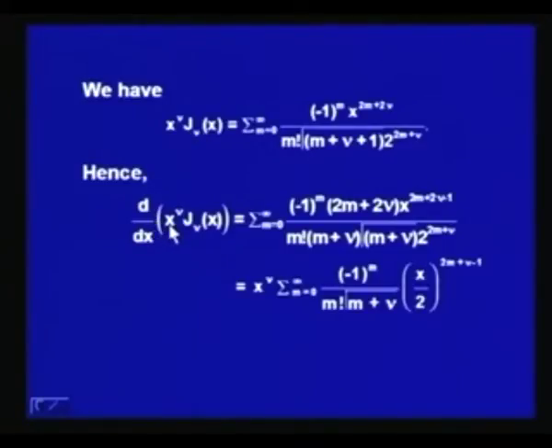So, d/dx of x^ν J_ν(x) will give us the sum over m from 0 to infinity of (-1)^m (2m+2ν) x^(2m+2ν-1) over m! (m+ν) Γ(m+ν), because of the property of the gamma function. Γ(m+ν+1) can be written as (m+ν) Γ(m+ν), times 2^(2m+ν).